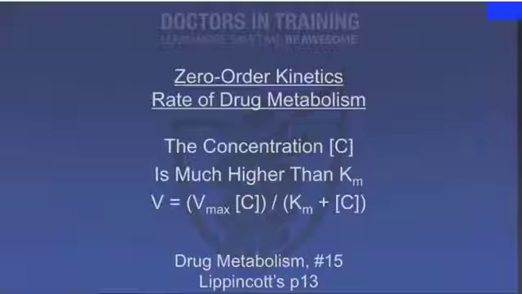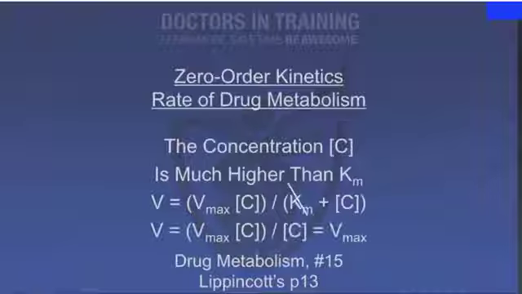So with these zero-order drugs, the concentration of drug, which is C, is much higher than Km. So the denominator cancels out, and you're left with V equals Vmax times C divided by C, or V equals Vmax.